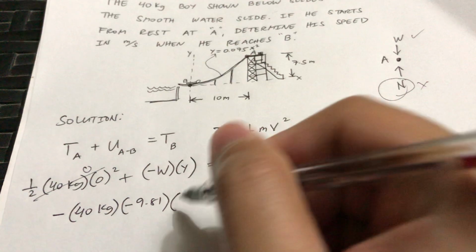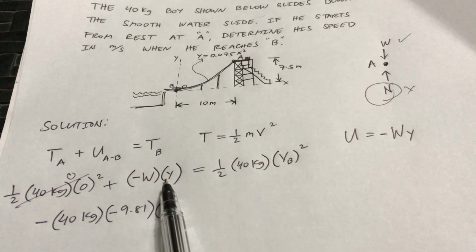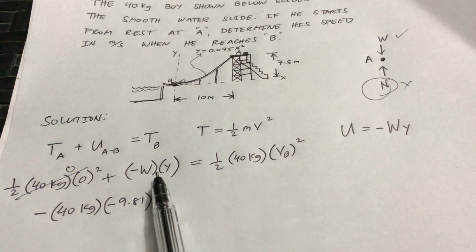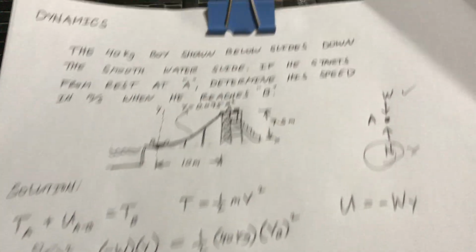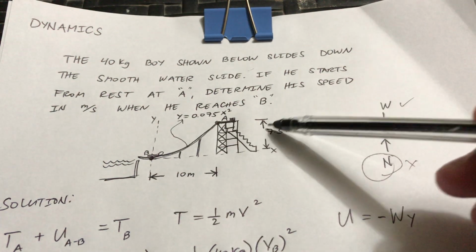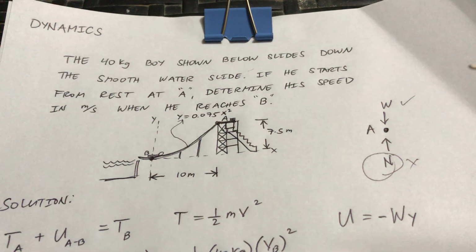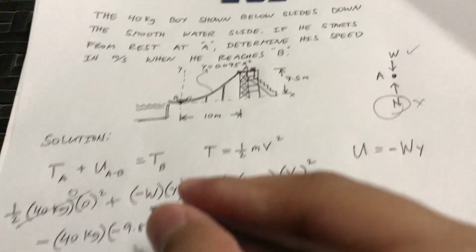And then we have the y. Now what is the y? The y is the perpendicular distance or the change in elevation of the weight. So if we look at it here from point A to point B, the change in elevation is 7.5, which is already given in the problem.